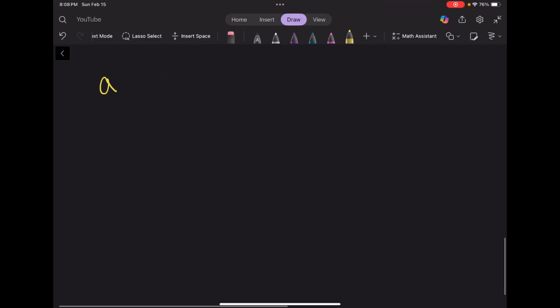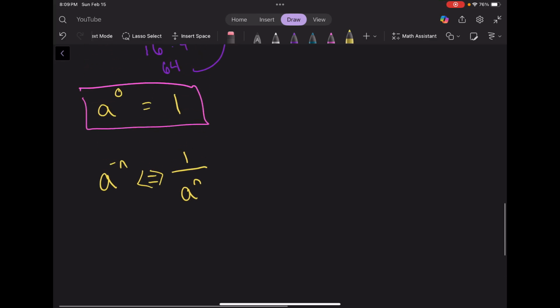If I have some number to a negative exponent, that's going to be the same thing as 1 over that number to that positive exponent. So we're keeping these numbers the same. The only thing that's changing is we're making the exponent positive and we're also putting it underneath. Another thing that I want to mention is that these rules can go both ways.